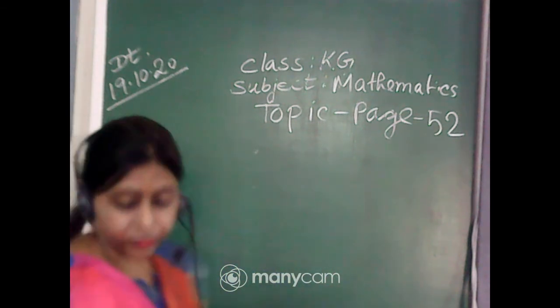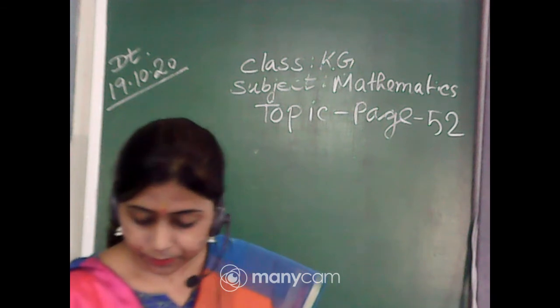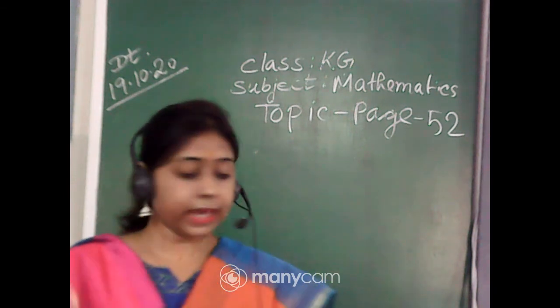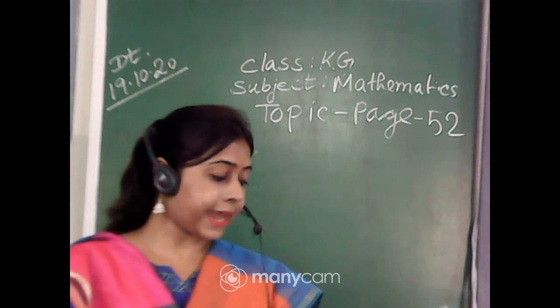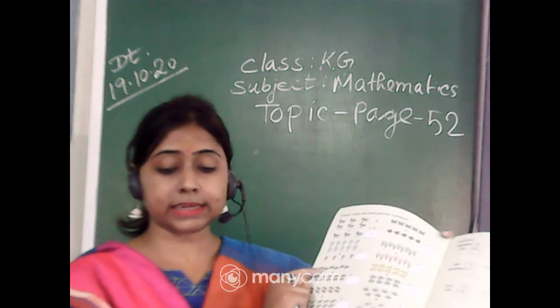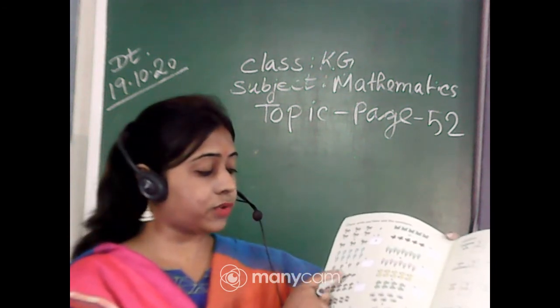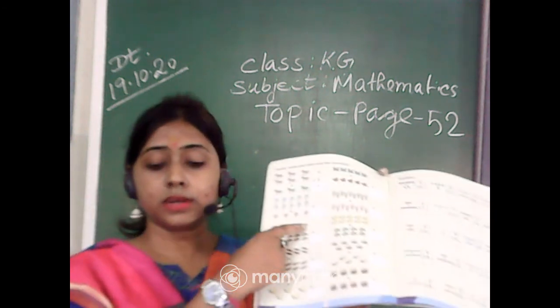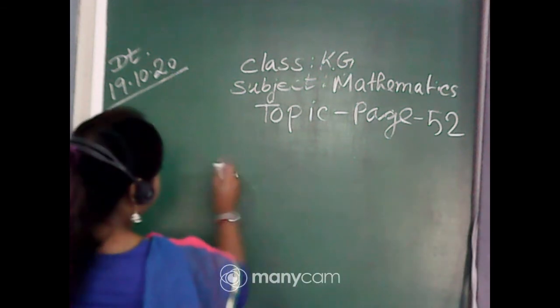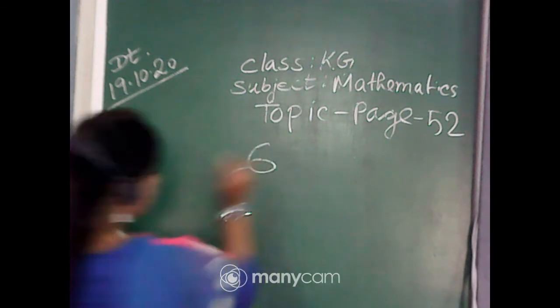Then we will do the next one. There are caps, or hats. Not caps, that is a hat. So how many blue hats are there? 1, 2, 3, 4, 5, 6. First, 6 hats are there. So you should write 6 beside the hats first.